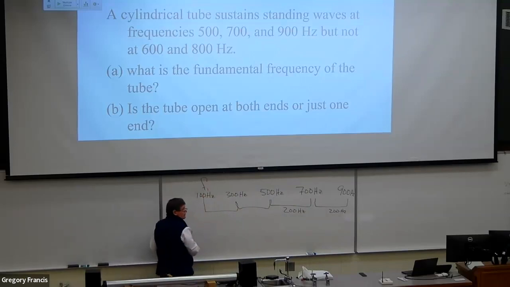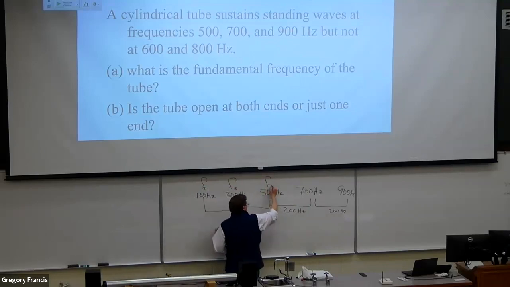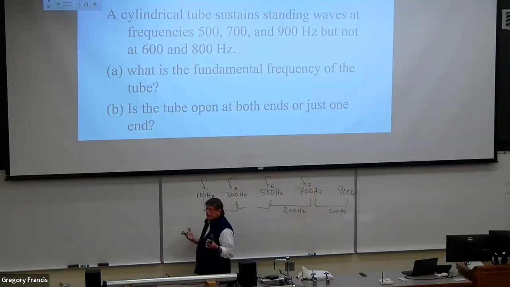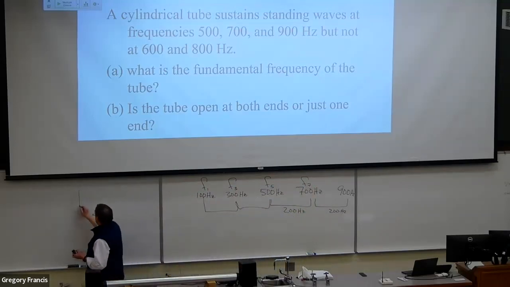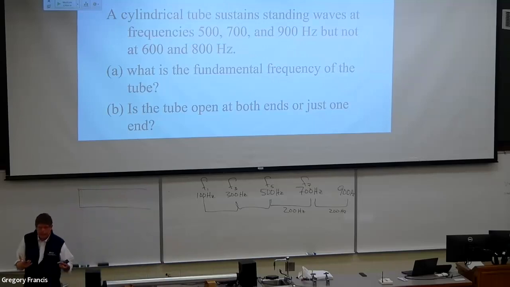It's the lowest frequency that resonates. This is 3 times that, so that's F3. This would be F5, and this would be F7. Because the even harmonics are missing, this is going to be a tube that is closed at one end and open at the other. And if I were to ask you to find the length of that tube, we would do exactly what we did in the last example.